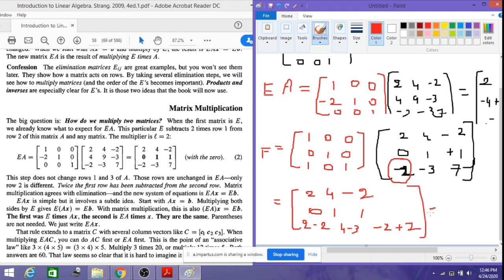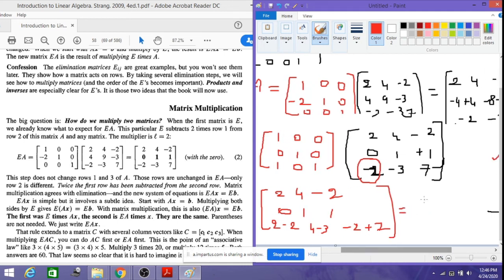So when we simplify this, I'll get my new matrix as 2, 4, minus 2, then 0, 1, 1, and here I get the 0, and here I'll get this as 1, and here this is 7, so I'll get this as 5. So this is my new matrix.